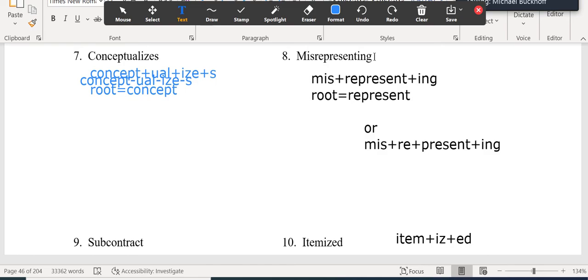Yeah, item, itemize, itemized. We'll work with that one in a minute once we get these first two out of the way. Right, so then our next.